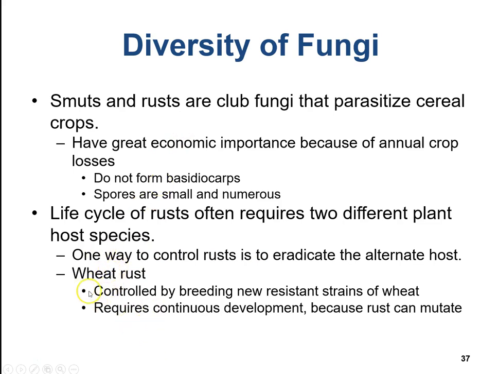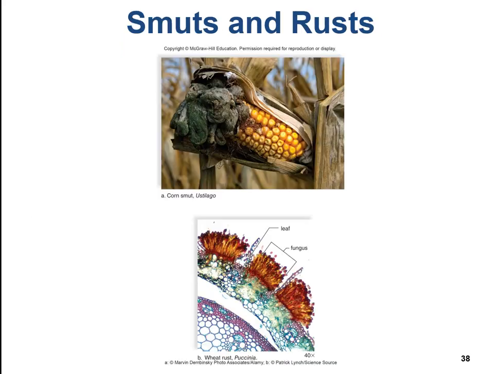One of the ways that we're trying to control these is by breeding new resistant strains of wheat, right? Or genetically modifying a particular strain of wheat so that it's protected against these. But apparently these rusts can mutate, and so there's new forms that are formed all the time. So I guess it's sort of this ongoing fight with these fungi to keep those wheat crops.